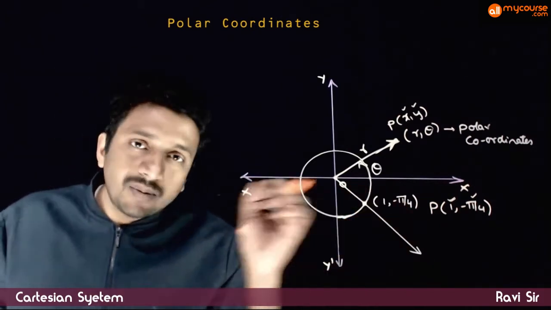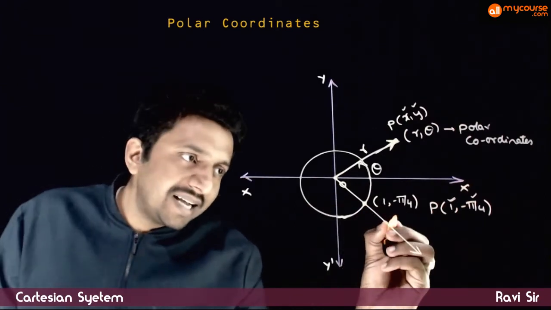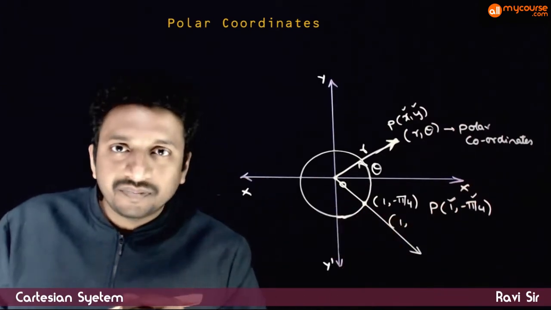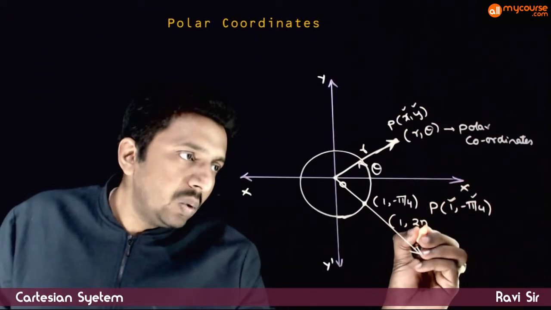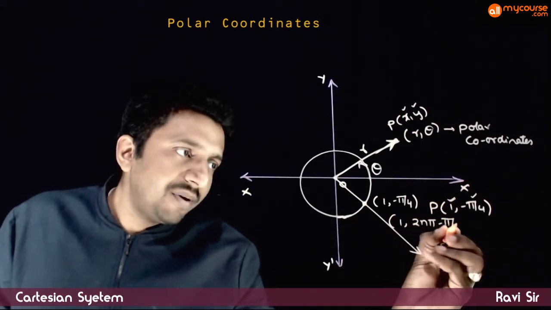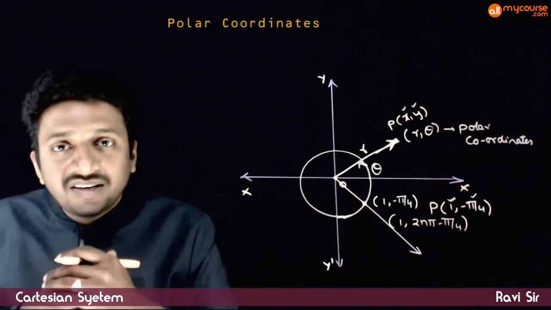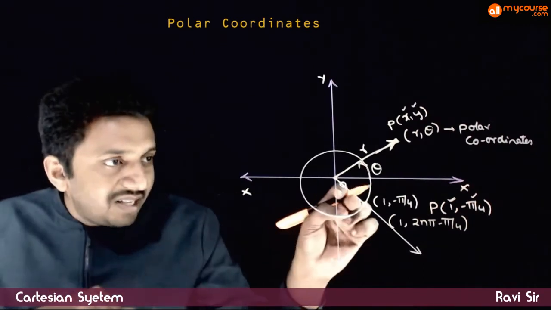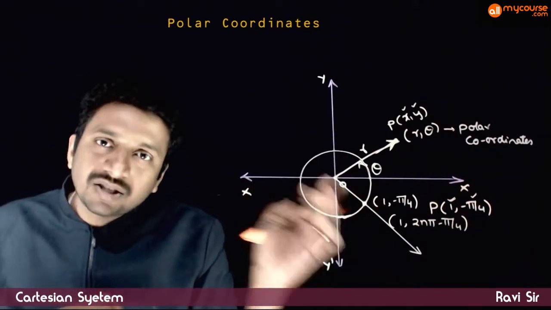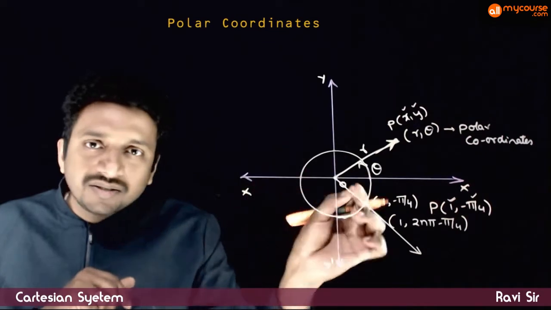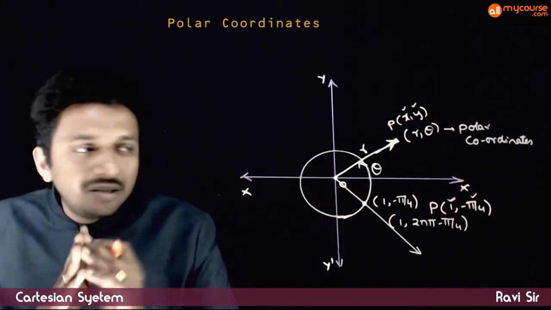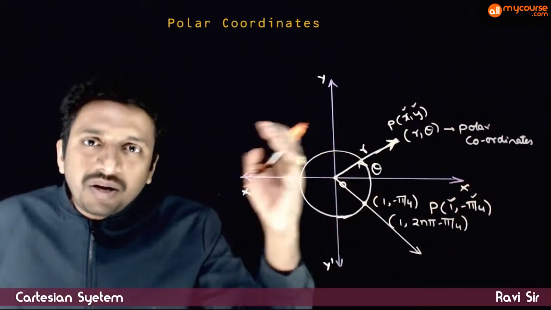For example, 1 comma minus pi by 4 is exactly the same as 1 comma 2n pi minus pi by 4. This is something we have learned in trigonometry. Because even after one rotation, the ray stops here. Even after two rotations, the ray stops here, because angle is a periodic quantity.